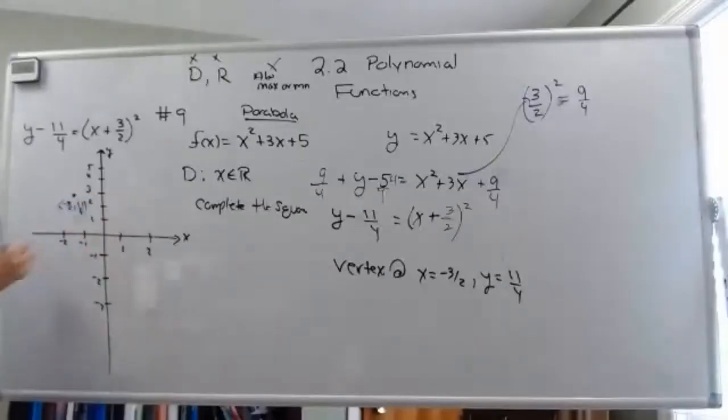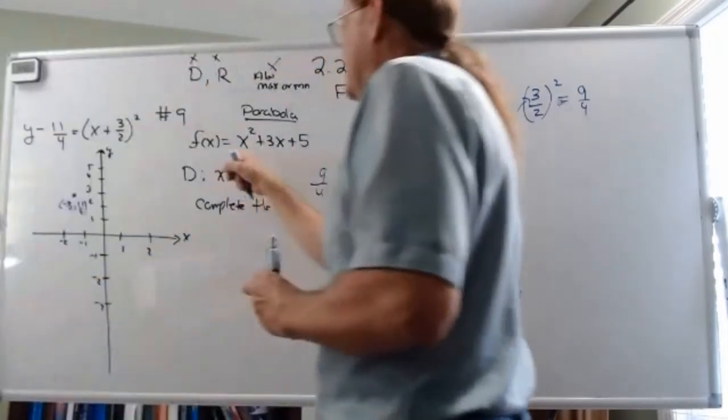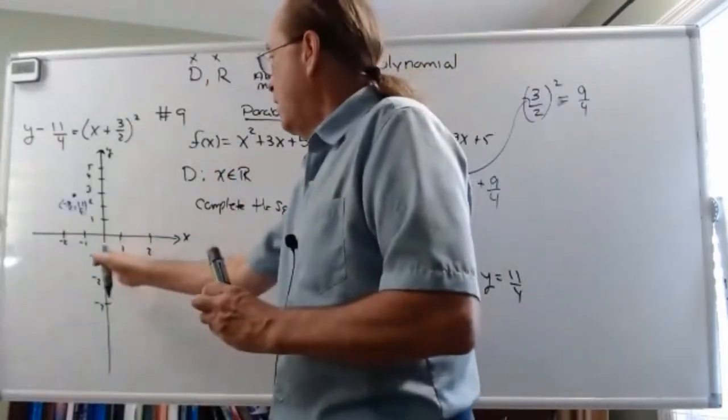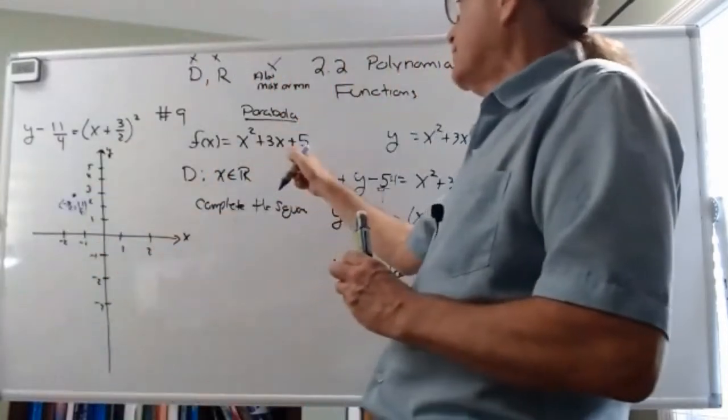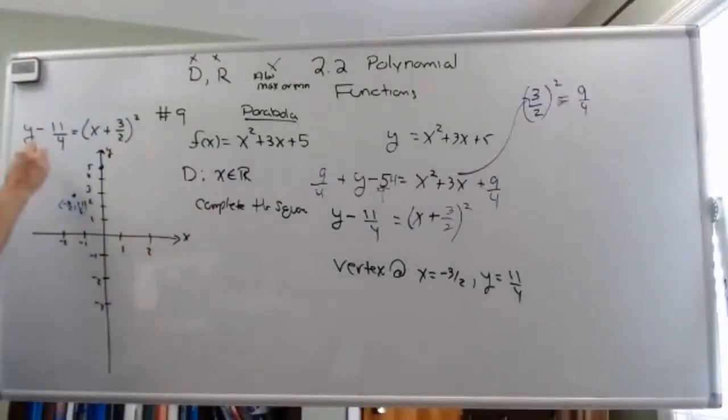It's negative 3/2 for x and a positive 11/4 for y. It's going to open upwards. Now if I go back to here and plug in 0 for x, so I'm on the y-axis, my y-intercept is 5. I'm going to pass through this point right here. It's going to look something like this, with a symmetry based upon that.